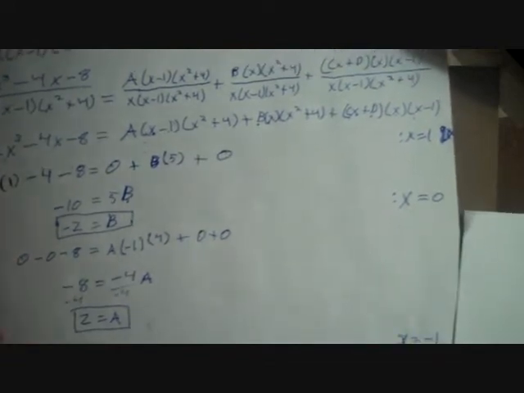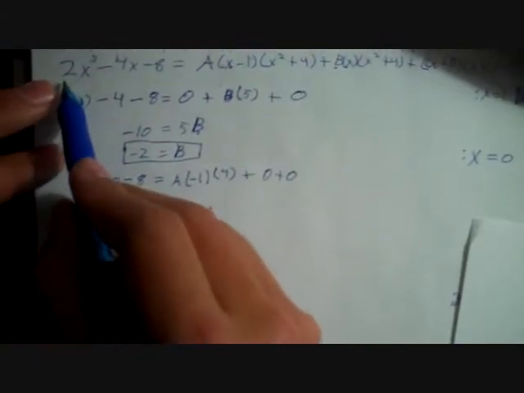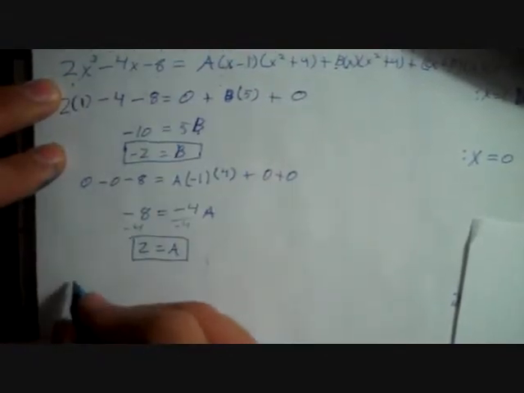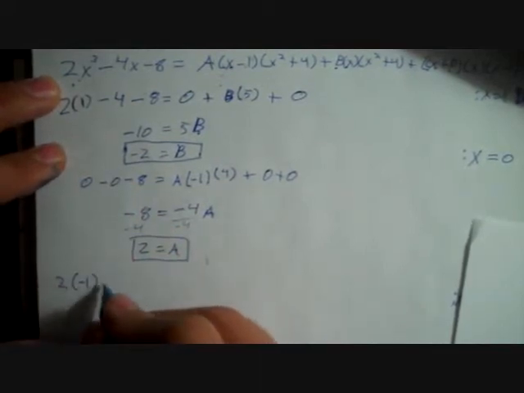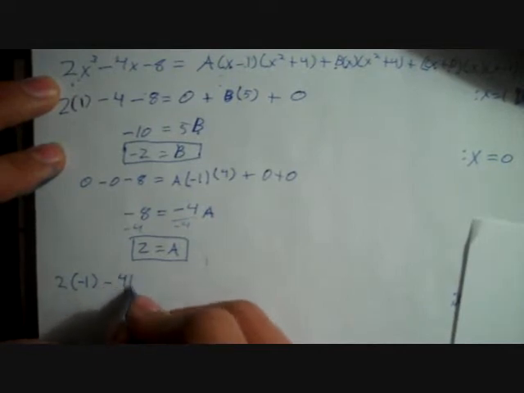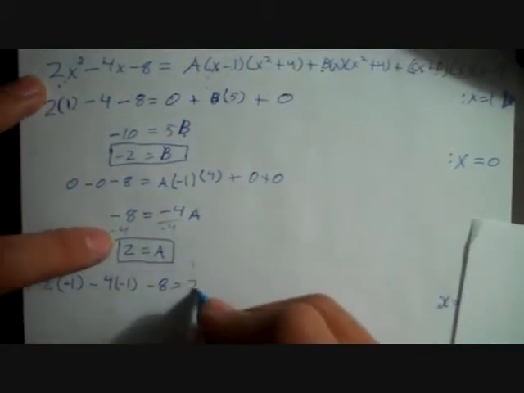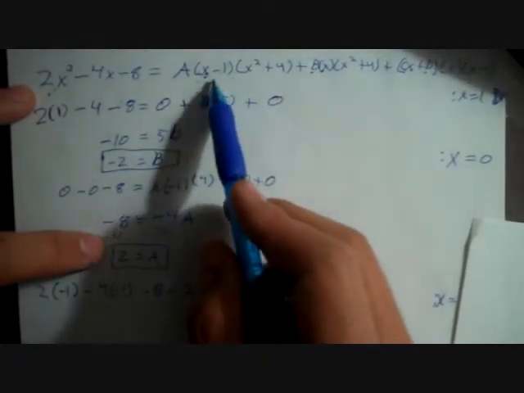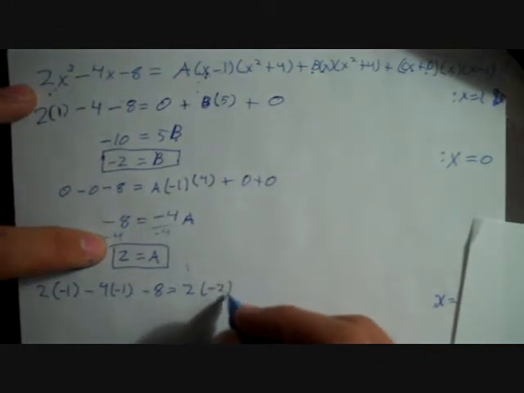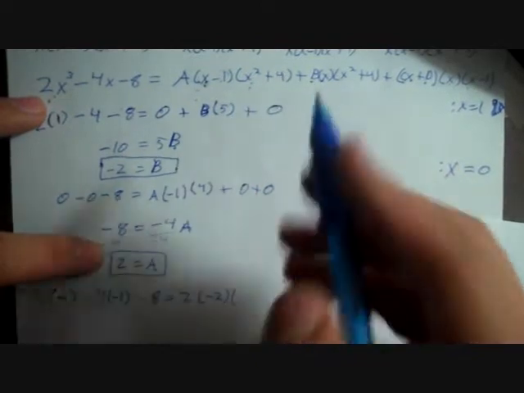So if x equals -1, we'll have 2 times -1 cubed, -1 cubed is -1, minus 4x, well, x is -1, so 4 times -1, minus 8 equals, a is 2. And x minus 1, that's going to be -1 minus 1, so that'll be -2, times -1 squared plus 4, well, that's 1 plus 4, so that's 5.